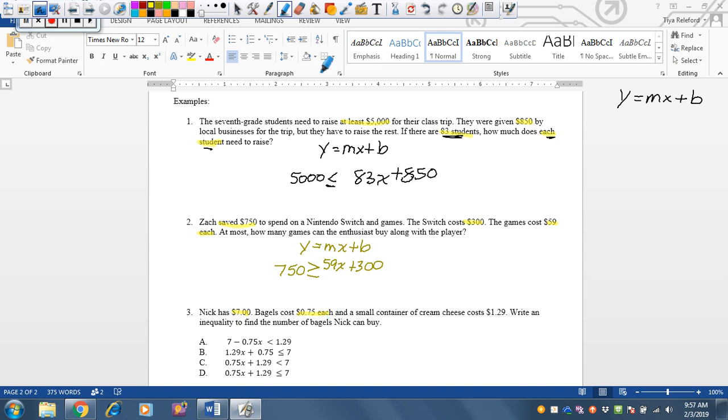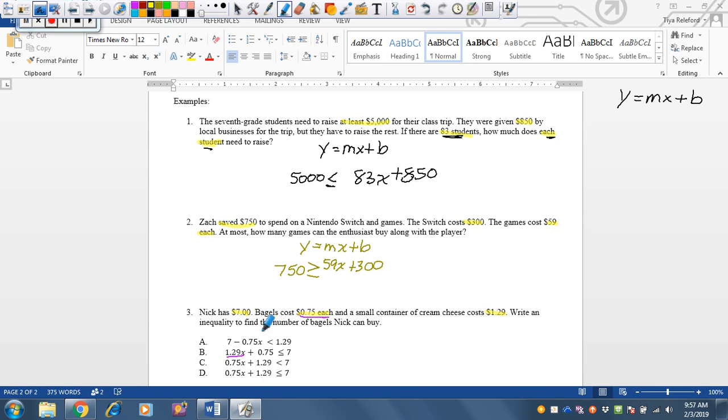Cross off anything that doesn't have 75 cents being multiplied. Get rid of it. It's not right. A small container of cream cheese costs $1.29. Write an inequality to find the number of bagels Nick can buy.